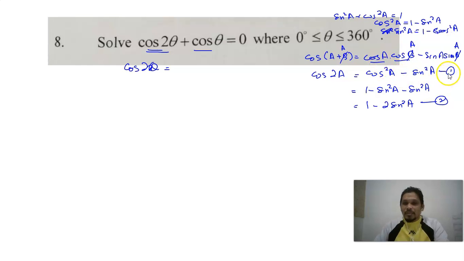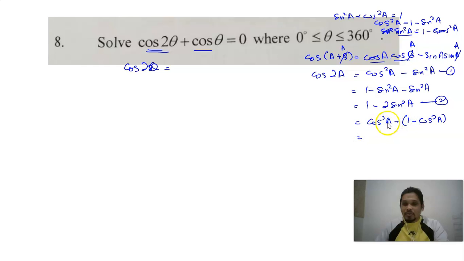Okay, so equation 1, equation 2, and from here we substitute with sin square here, cos square A minus sin square A equal to cos square A minus (1 minus cos square A). And then negative with negative becomes positive.